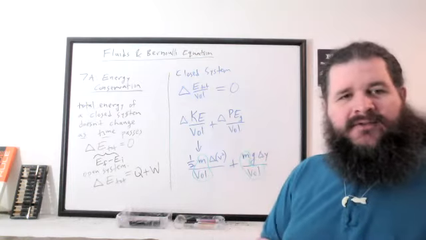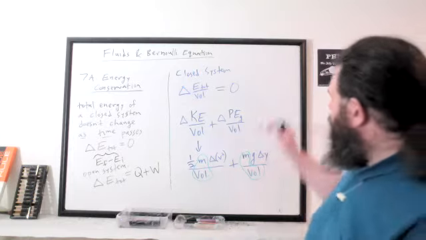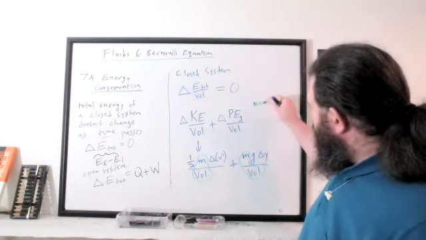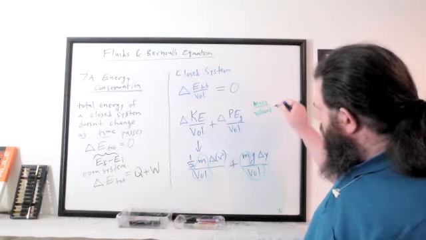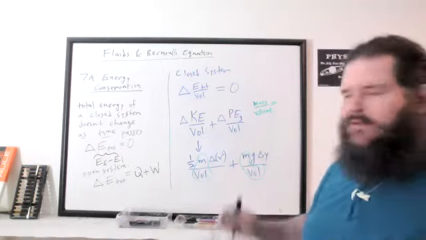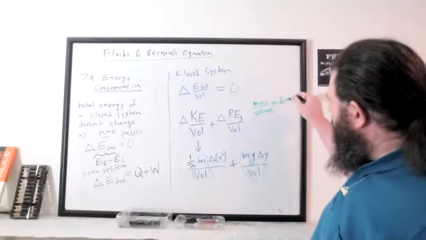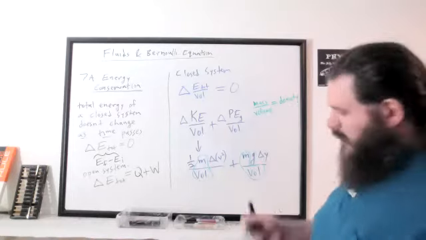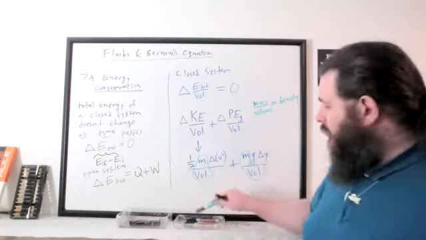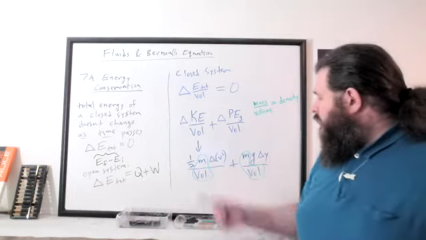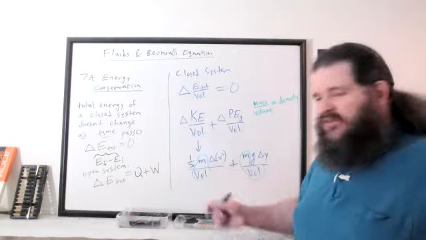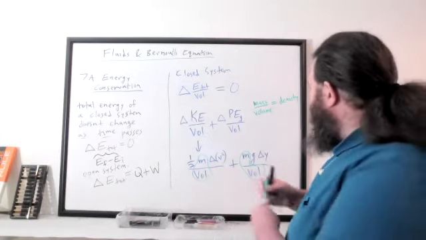What do we call mass over volume? Yeah, this is the density, the mass density of the substance, how concentrated the mass is, how many kilograms per cubic meter.